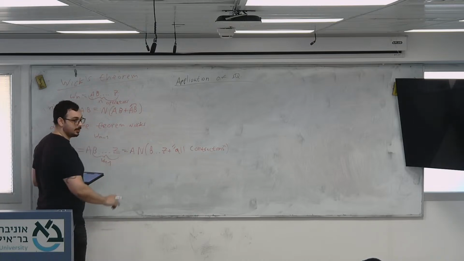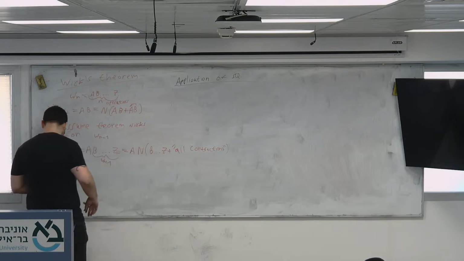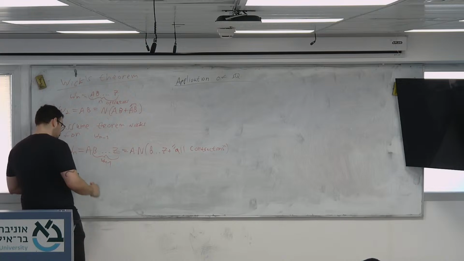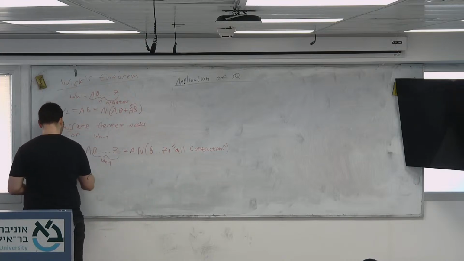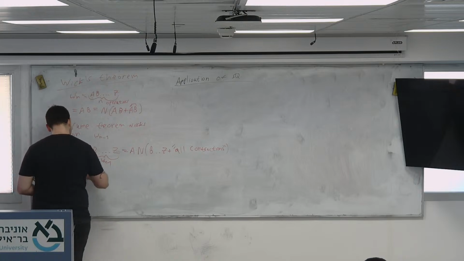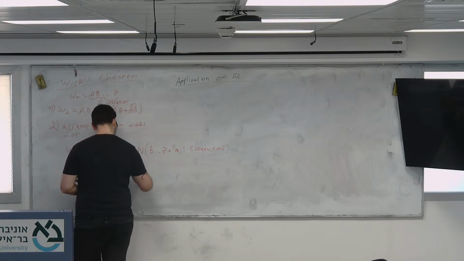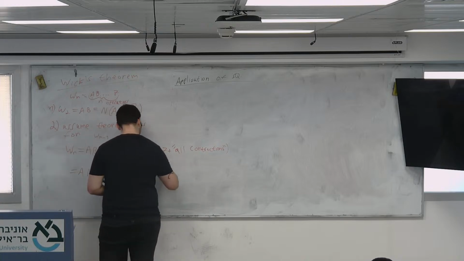I just opened omega n minus 1 by what the theorem told me I can do. Okay? So, we can open this n definition up again just to organize our equation. A times omega n equals A times normal order of B to Z plus A times normal order of all contractions.